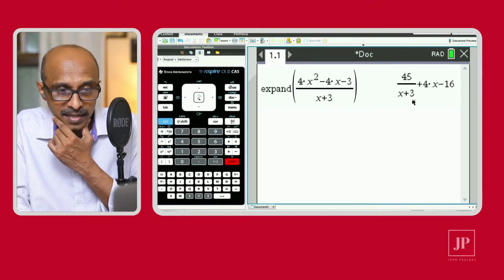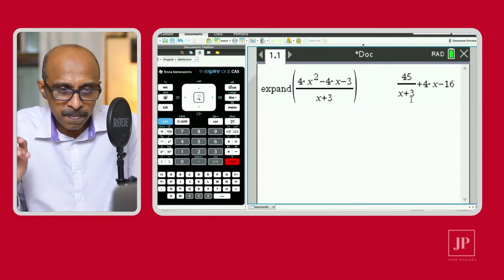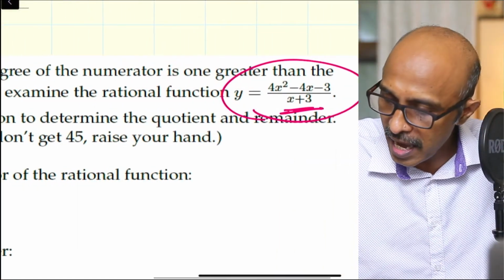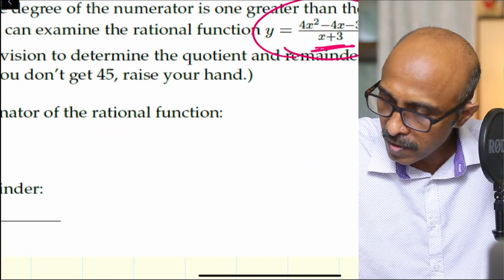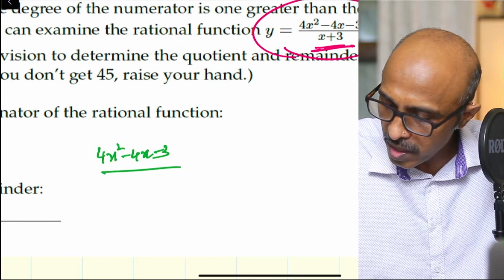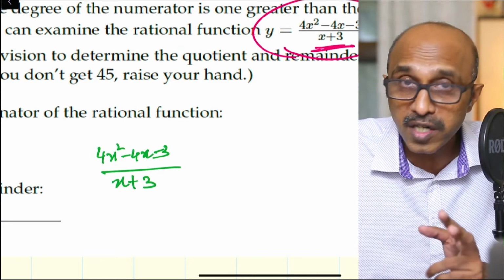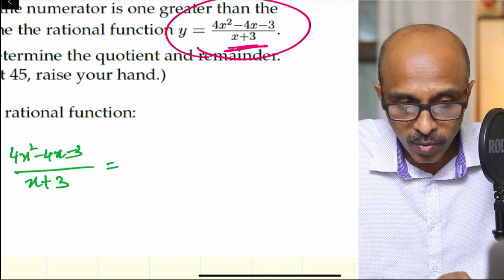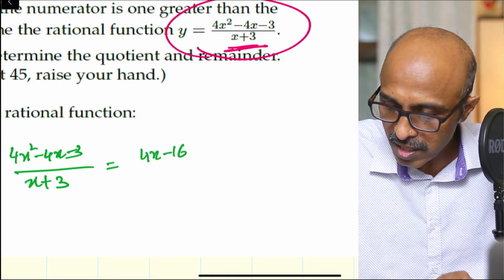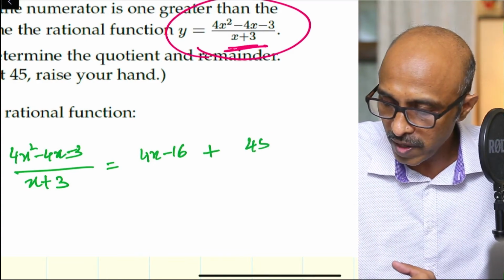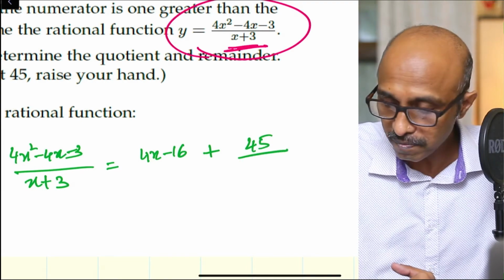When I hit enter, I get the result as 45 over x plus 3 plus 4x minus 16. Let me copy that down. I get 4x squared minus 4x minus 3 over x plus 3. That was the question, the numerator over denominator. The quotient was 4x minus 16, and the remainder over divisor was 45 over x plus 3.